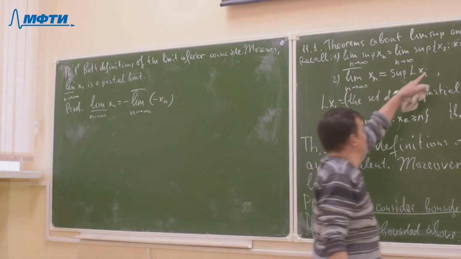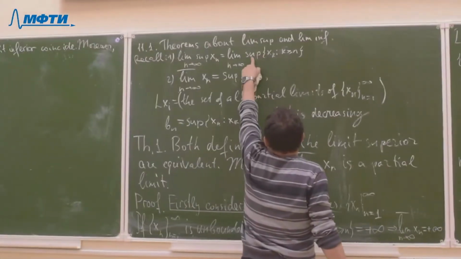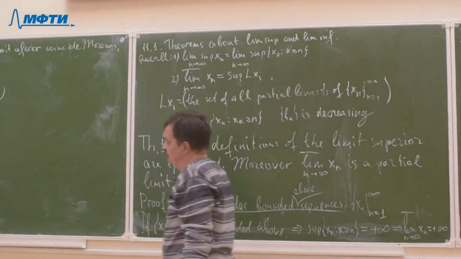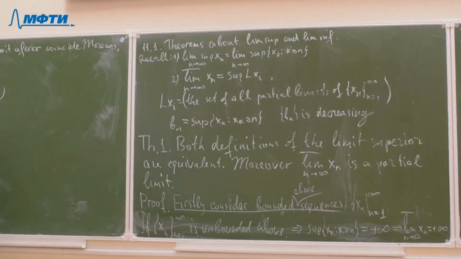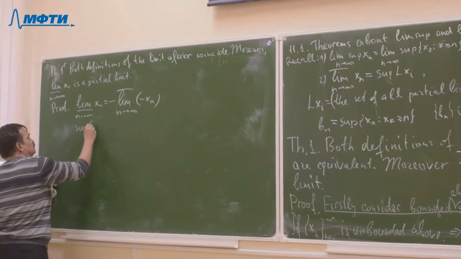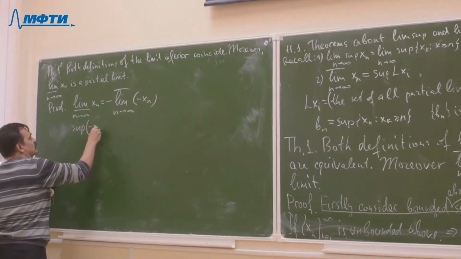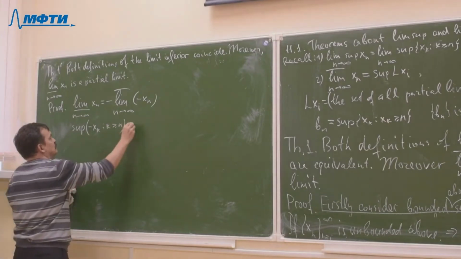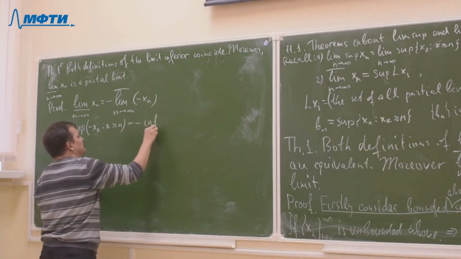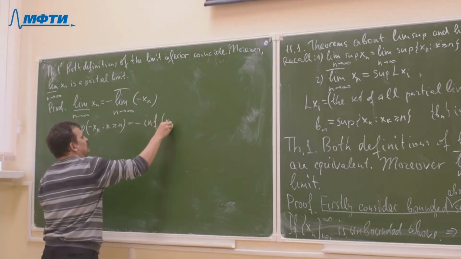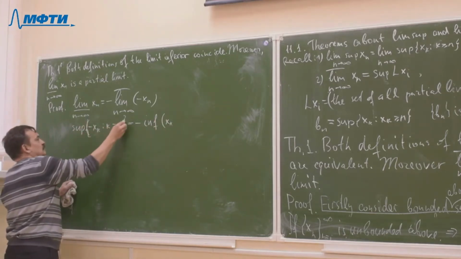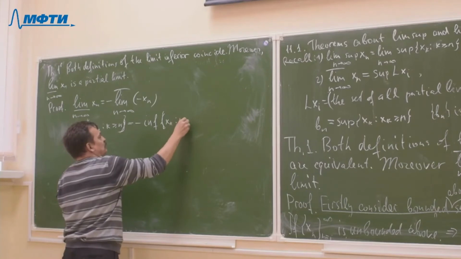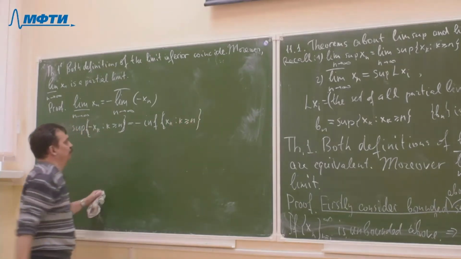Because if you put a minus here, then the supremum of minus x_k, where k is greater or equal than m, is equal to minus the infimum of x_k, such that k is greater or equal than m.